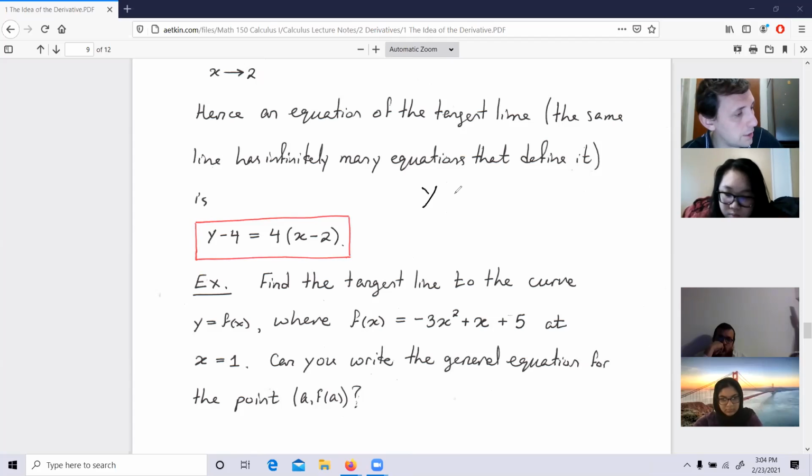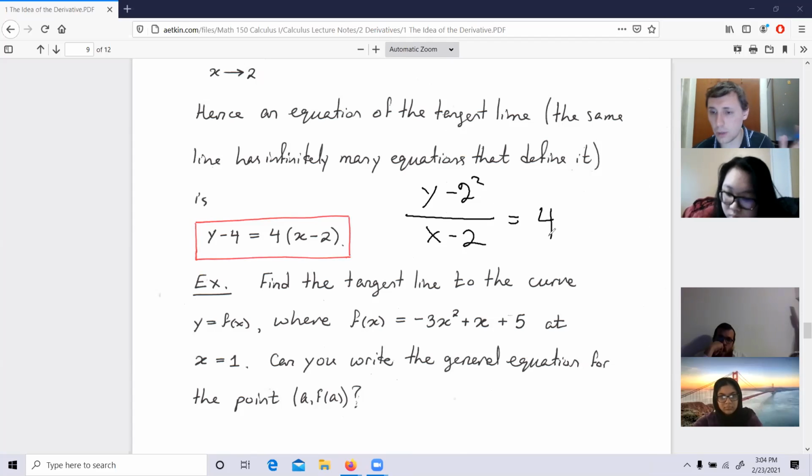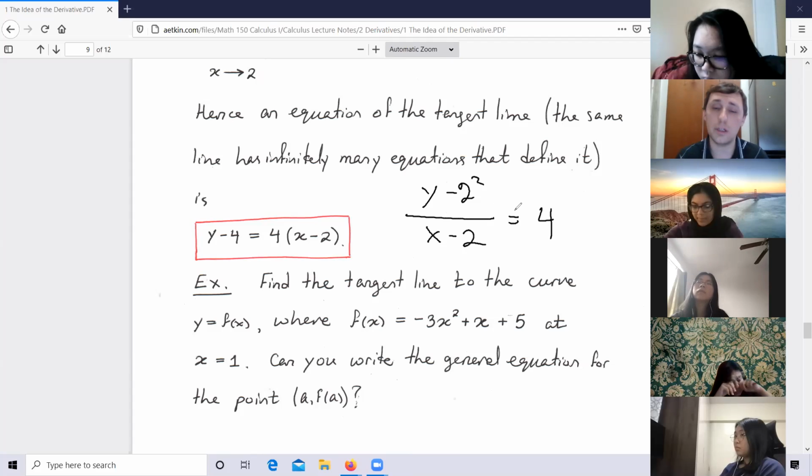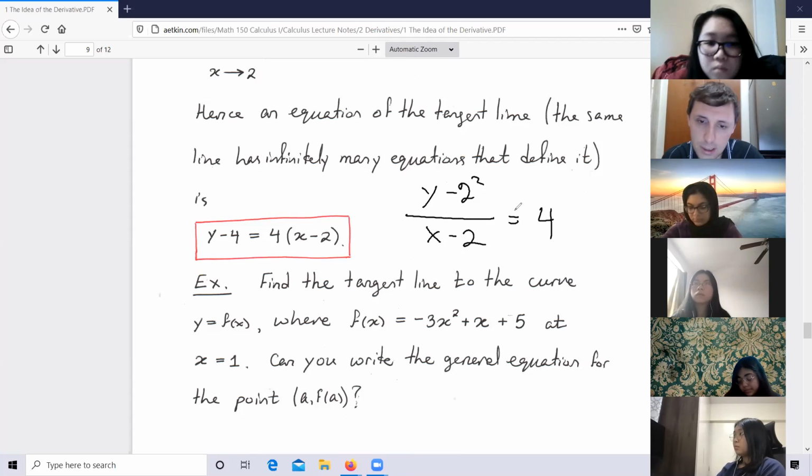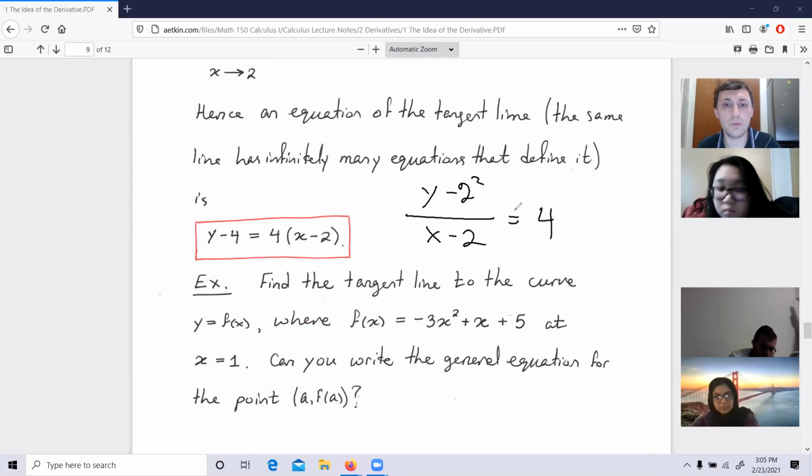I have y minus 2 squared, that's the y coordinate on the graph, divided by x minus 2 should equal 4. Now I'm just using the idea that I already know the slope of the line, and I know the line goes through the point 2, 2 squared. So any point xy that goes on this line must have the same slope if you measure it this way. Yes, you understand? And that's how we got this equation. Just multiply both sides by x minus 2 and you have this equation.